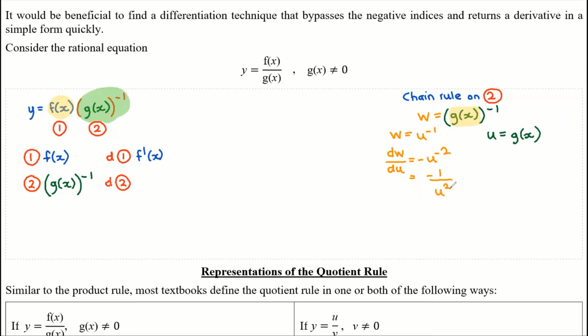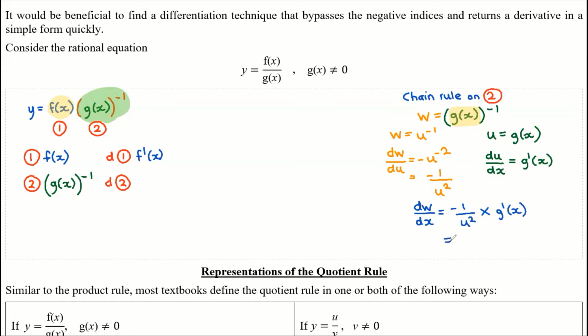And if I differentiate u with respect to x, so du by dx, that's just going to be g dash x. Okay, just a notation for the derivative of g. That means that if I combine everything together, so dw by dx is the product of those two, so that's going to be -1 over u squared multiplied by g dash x.